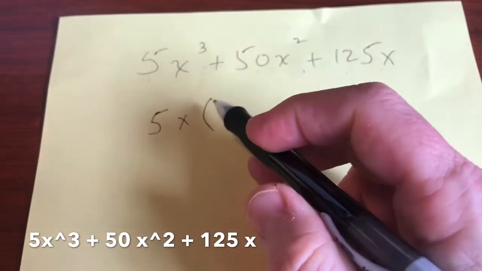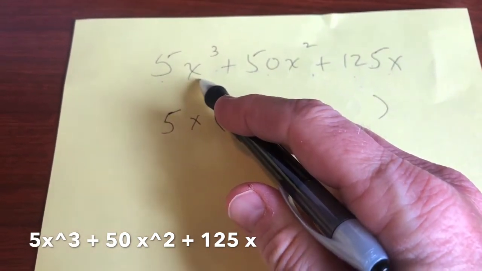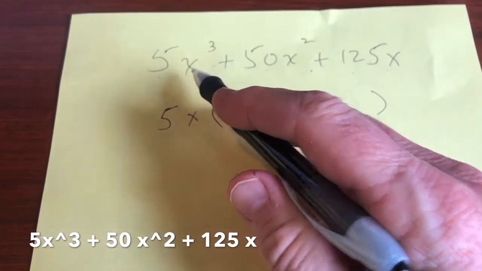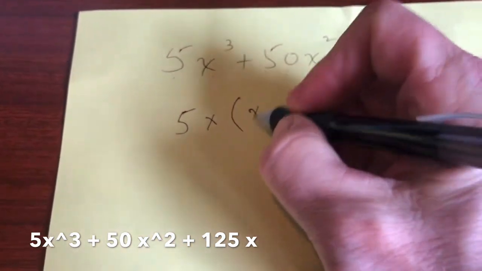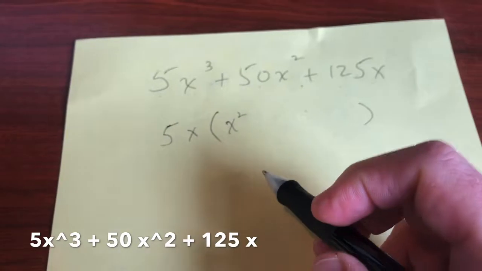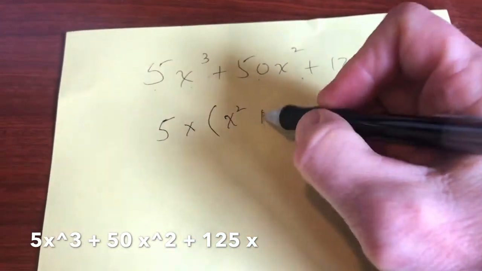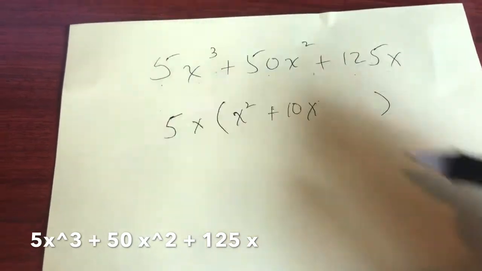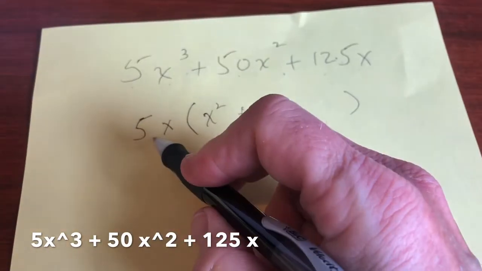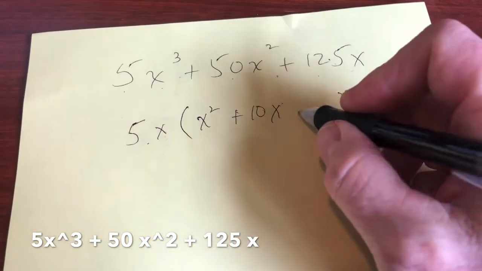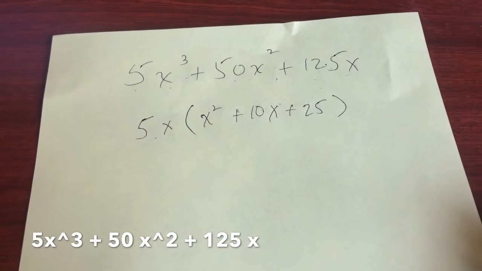Now, as we worked on yesterday, 5x into 5x to the third, this term divided by this term would give us x squared. This term divided by this term would give us 10x. This term divided by this term would give us that. So now we have a trinomial to work with.